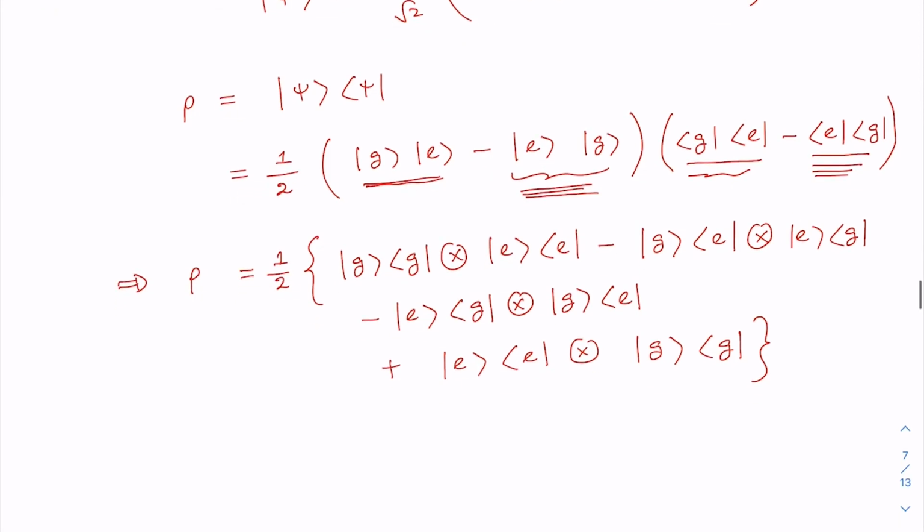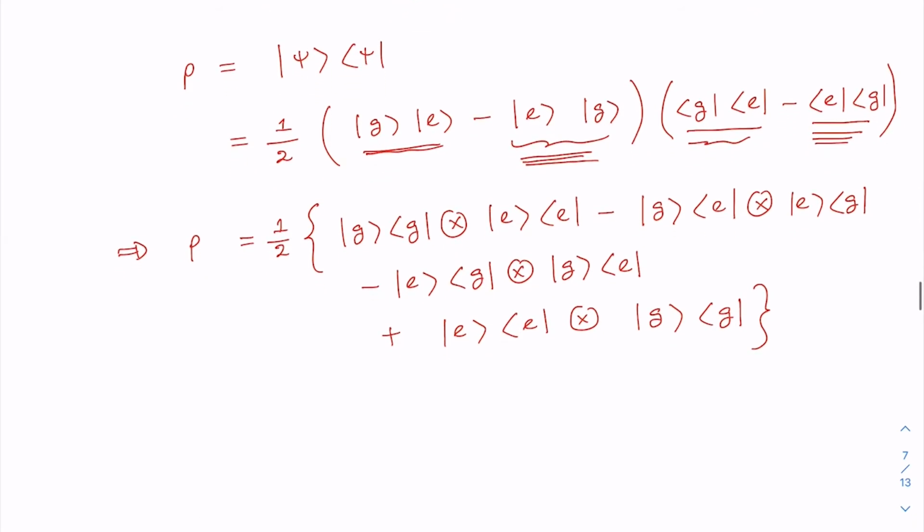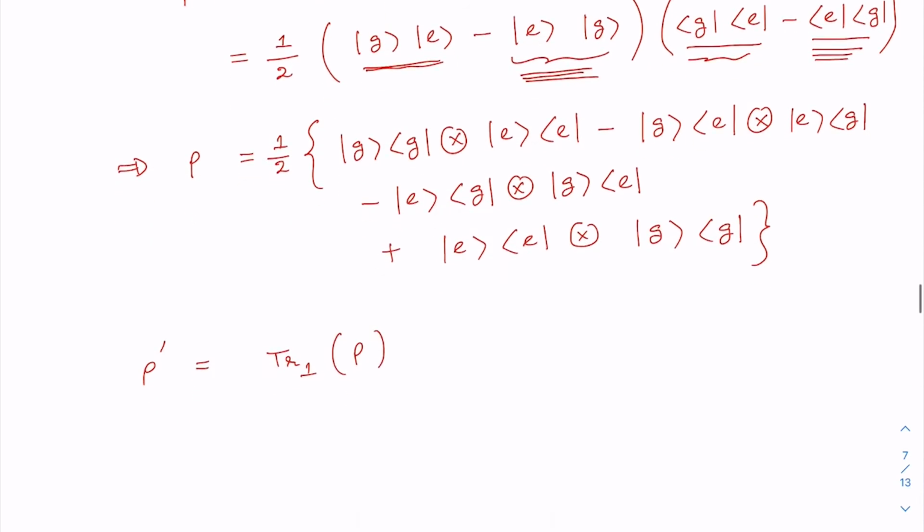Now to get the second system, we have to trace out the first system. So the density operator for the second system, I have to trace out system 1. That is simple, we know how to do that. So that would be half.